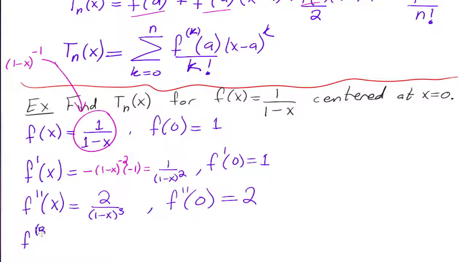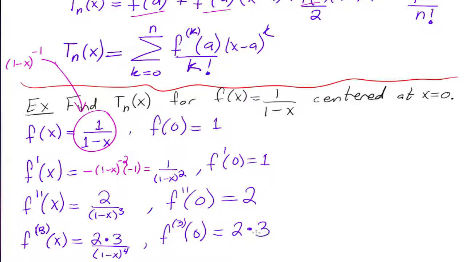So the third derivative now is going to equal... You bring down the 3, right? So this is going to be 6, or I want to write it as 2 times 3 over 1 minus x to the 4th. So the third derivative at 0 is equal to 2 times 3.